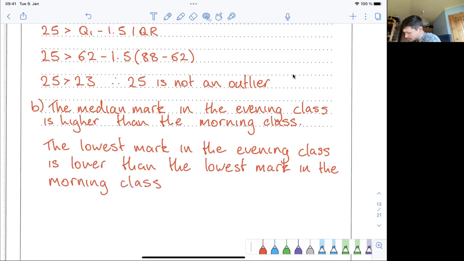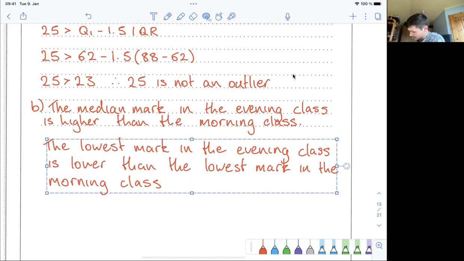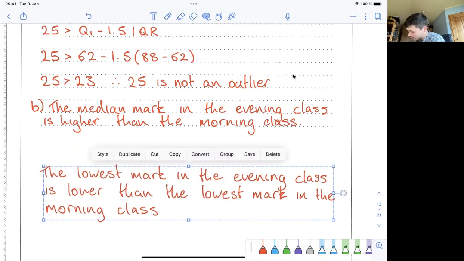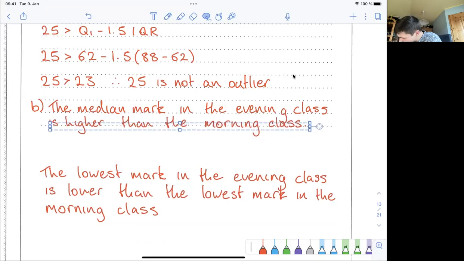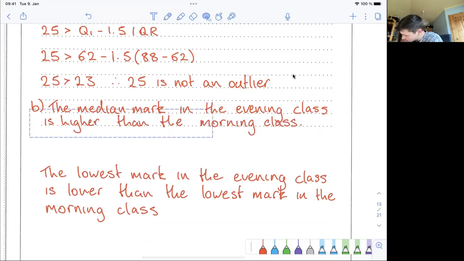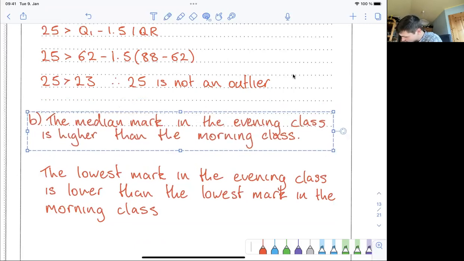And what I would also recommend potentially here is to make life easy for the marker. What I'm going to do is just label both of our claims here. Let's see if I can do this. We'll take all of this and bring it down one.